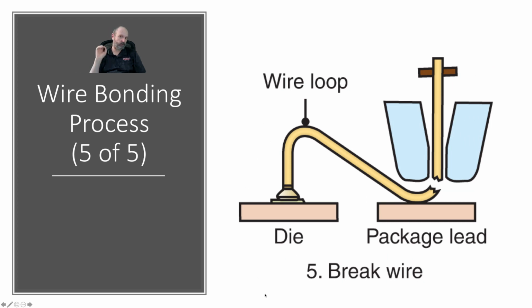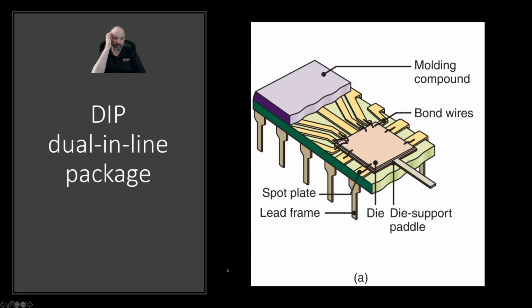And if you watch these bonding systems work, they're highly automated and they look like a sewing machine. And they're very, very quick, and they can make some complex connections that are just remarkable.